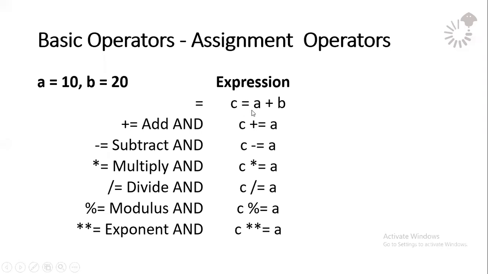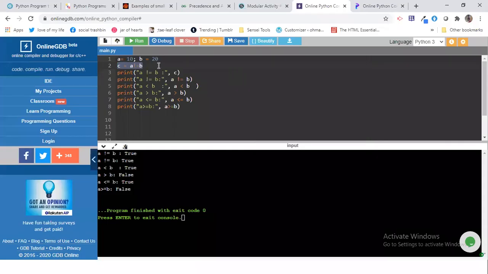Like this expression, we assign the value A plus B, 10 plus 20, 30, we assign it to the variable C. Ngayon, if dalawang equal yan, nag-iiba na yung meaning. If dalawang equal yan, ang ginagawa na natin dito ay nagko-compare tayo. Okay?